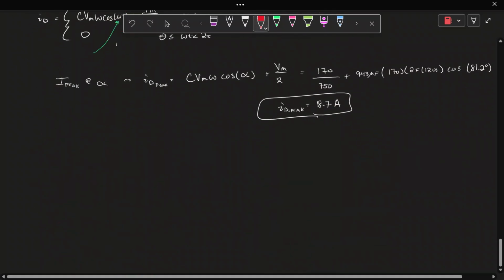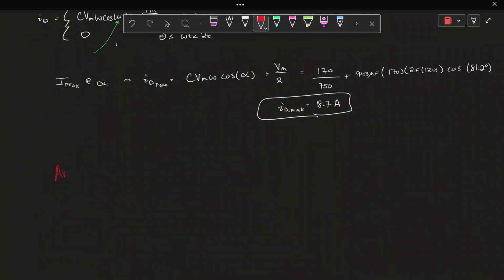This goes for anything: average value for voltage, current, power. Average value is equal to 1 over the time period, times the integral from 0 to whatever it is, of the instantaneous value with respect to t.